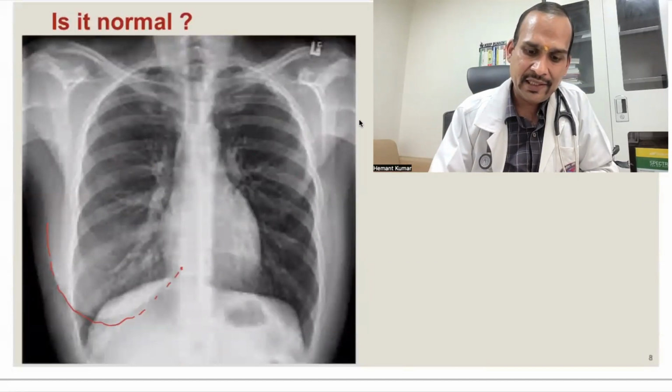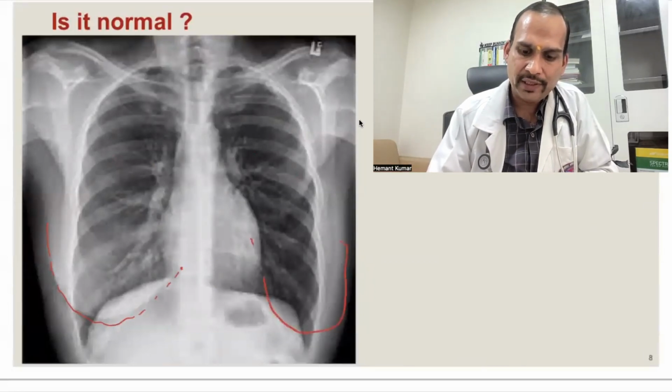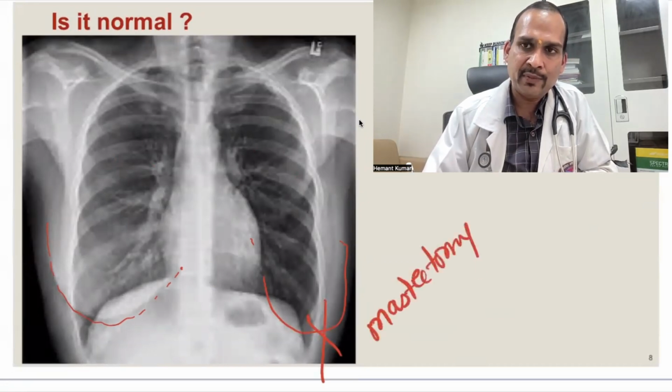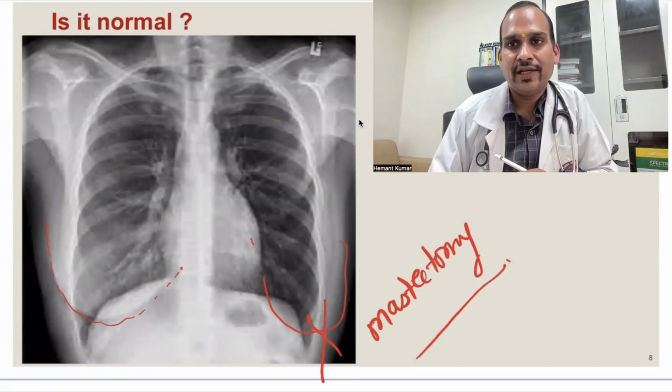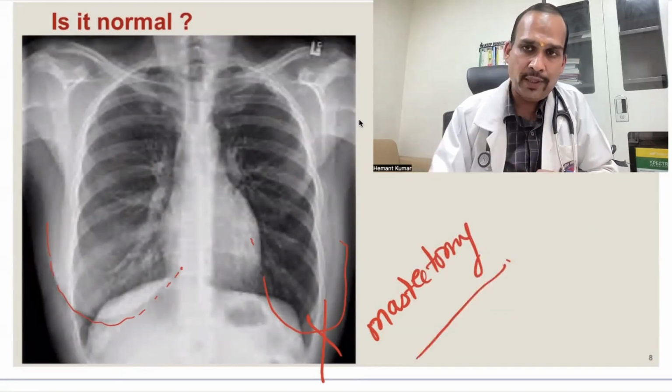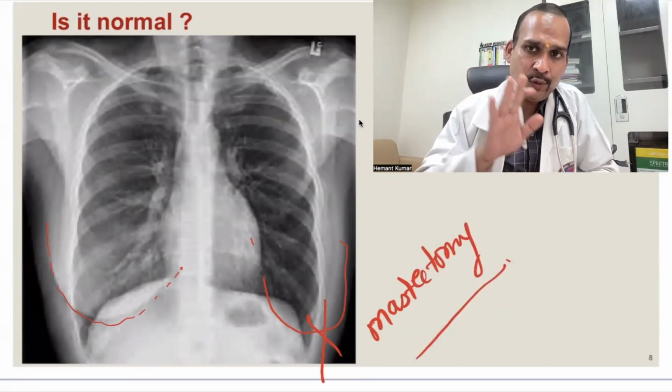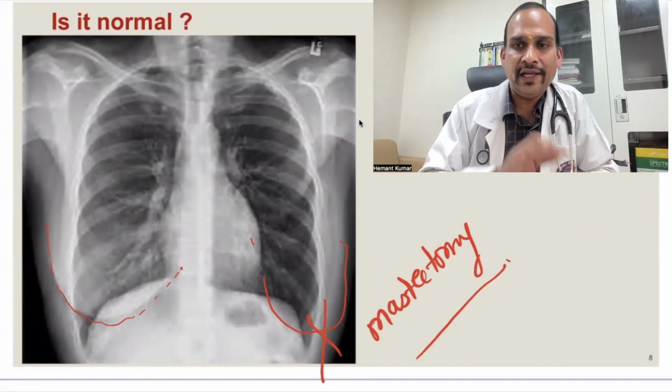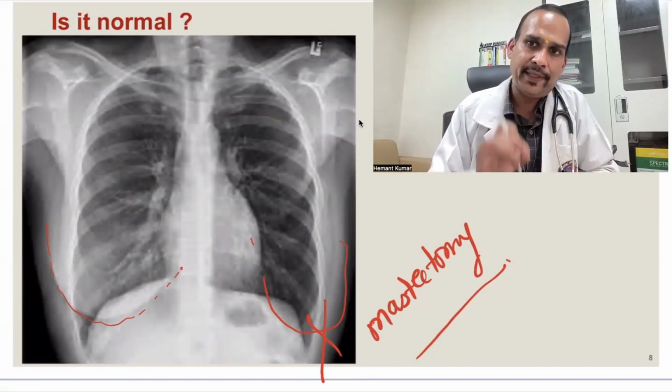But on the left side there is no breast. Here no breast. So this is a case of mastectomy. Her left breast has been removed surgically. So this X-ray is normal, but we have to look for breast shadow in every female patient.